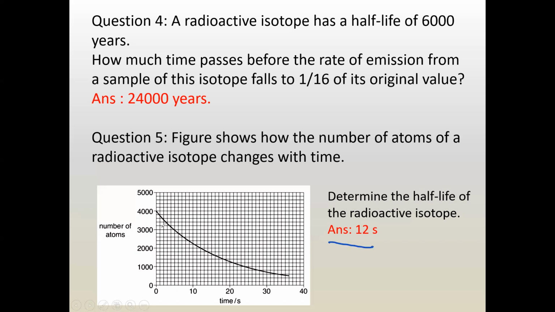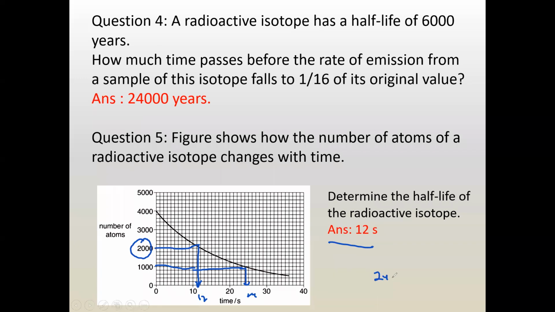So it's not necessary you take the first point. You can take any point and just take half. Like even if you took 2,000, this is 12, and half of 2,000 is 1,000, which is 24.